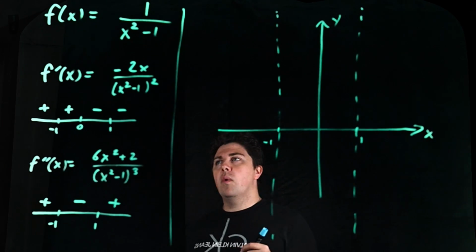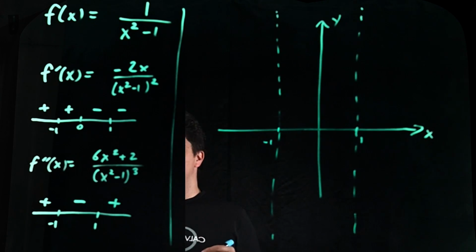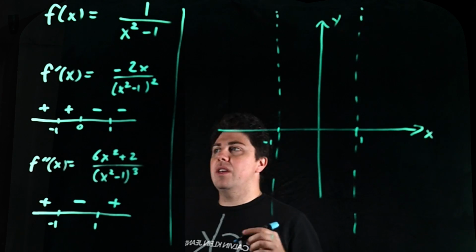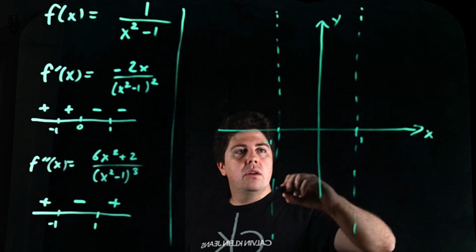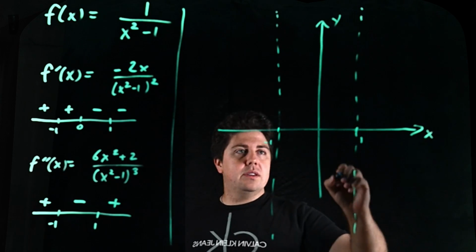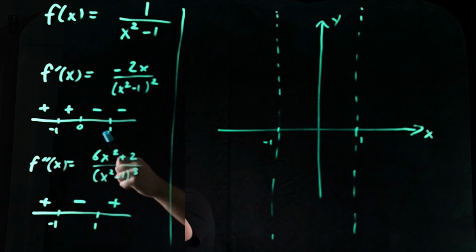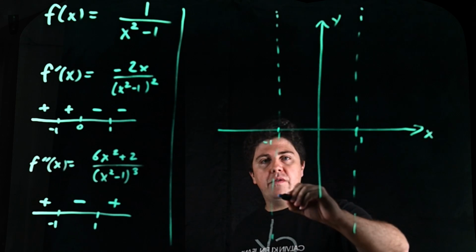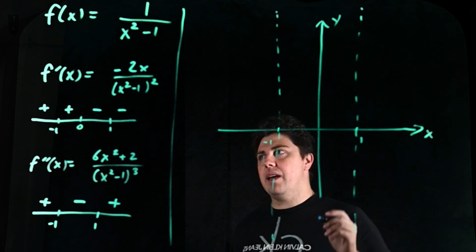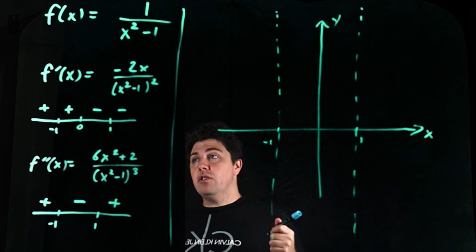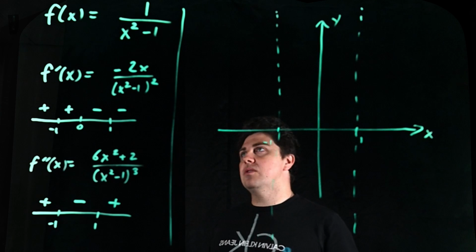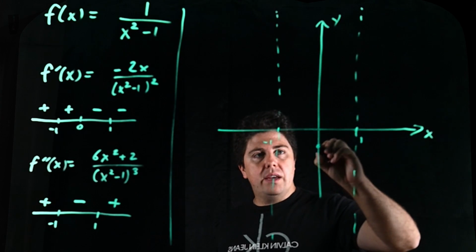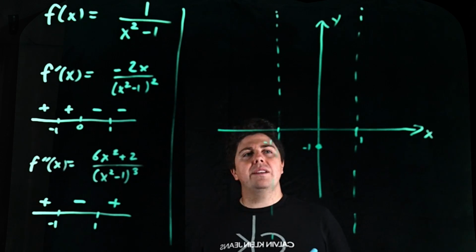On that range the function is concave down, so it's going to look something like this, and it's increasing over here and decreasing down here, and this also means that we're going to have a maximum at 0. So there's a maximum at 0, the function's going to be sort of a scoop shape down like this, but let's figure out what the function value at 0 is. We plug in 0 and we see that we get -1. So this function is -1 at 0.